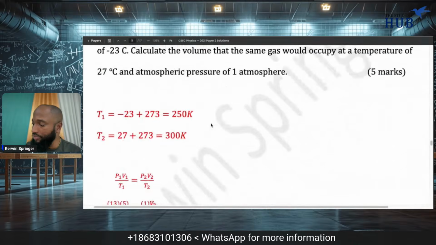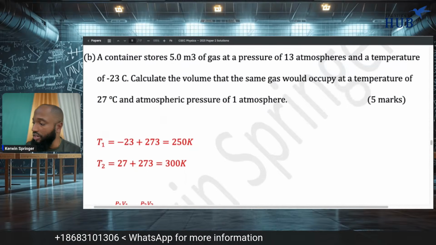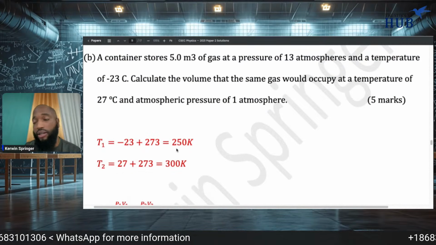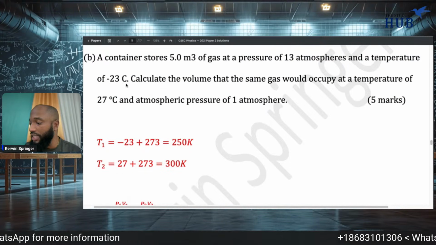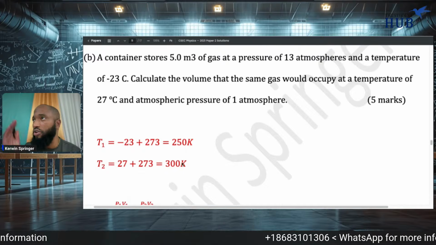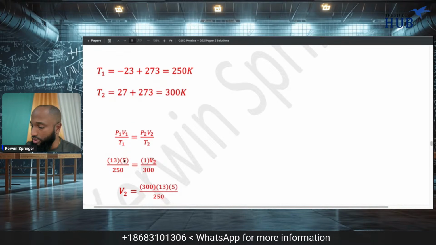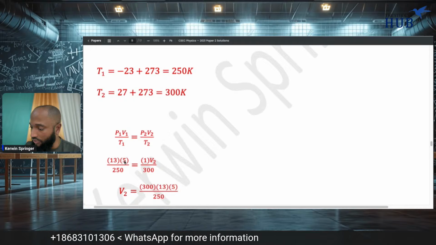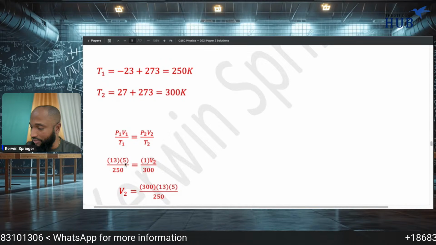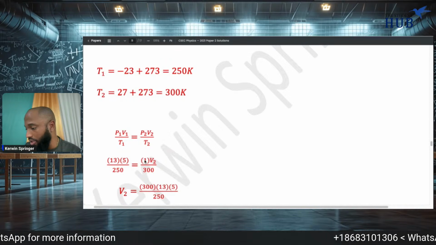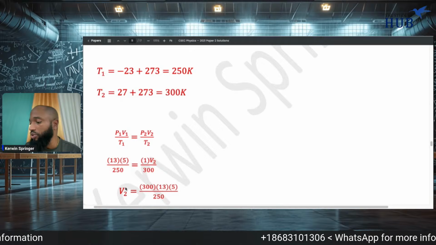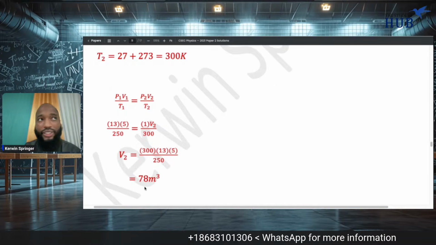Another thing you have to do is change all the Celsius temperatures to Kelvin temperatures. You all remember to do that, right? And you substitute. This is all the first state, 13.5, 250. The second state was 1, 300, and we're trying to figure out V2. You transpose, and you get 78 meter cube.